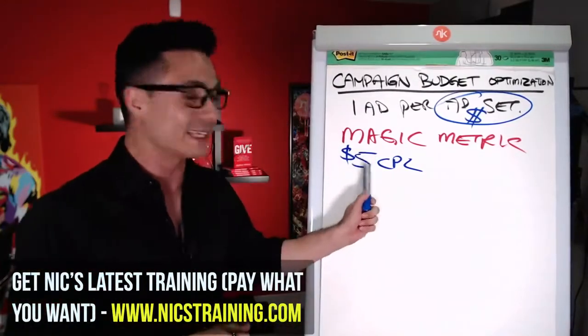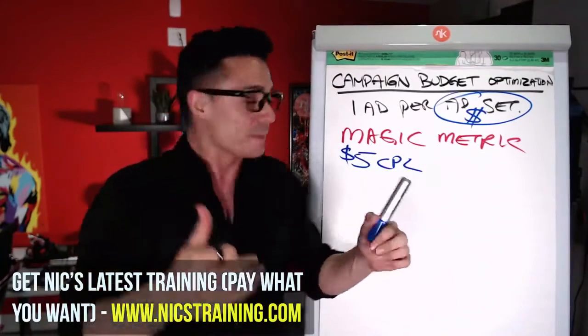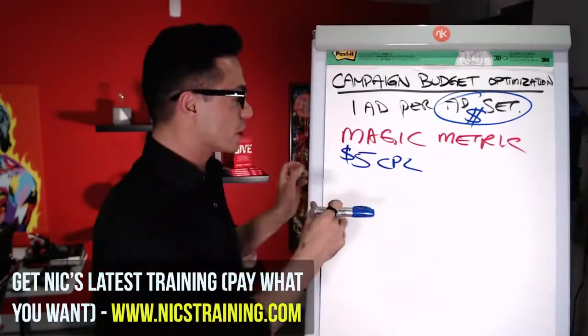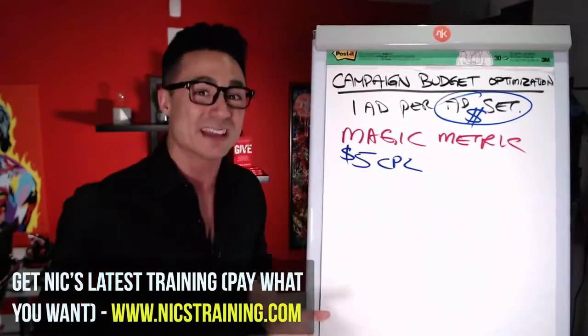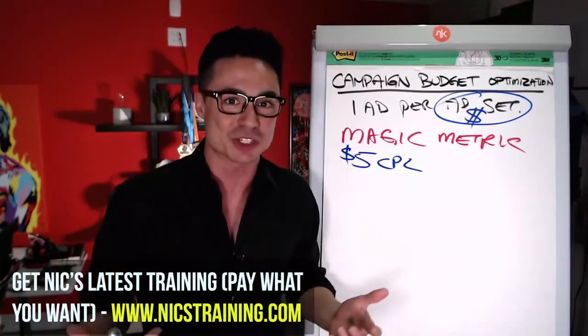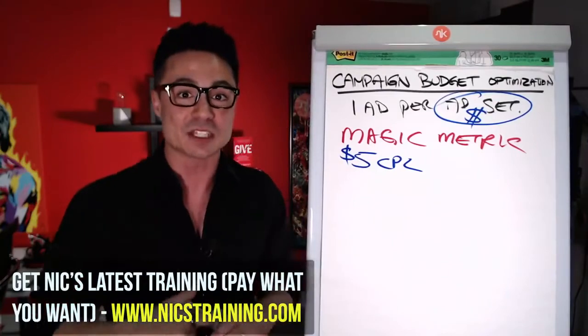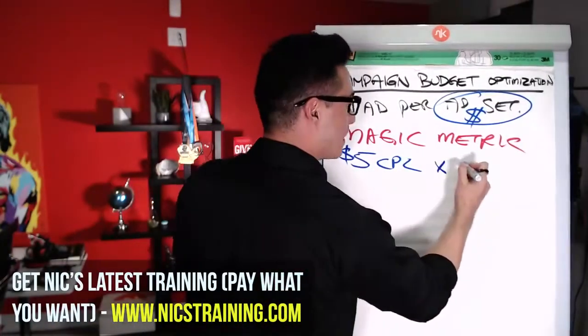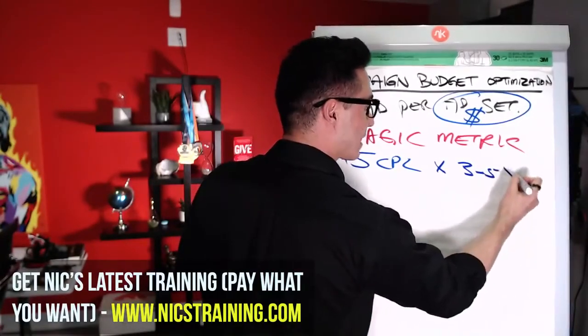So as long as you can get leads at under $5 per lead, then you know you're going to be profitable. We're going to call this your magic metric for the sake of this conversation and this training. Now, if that is the case, the next thing you need to do is times this by 3 to 5x.